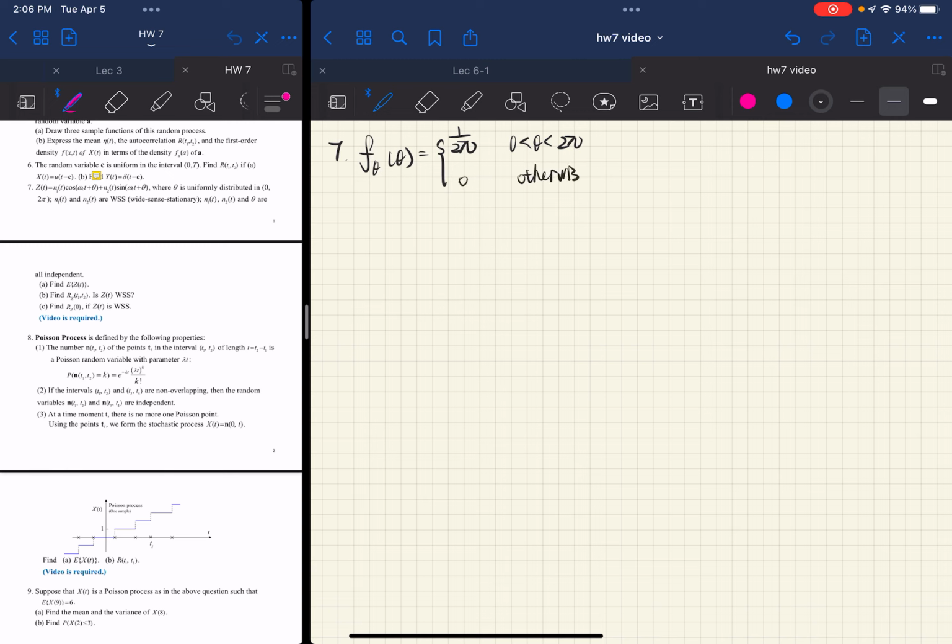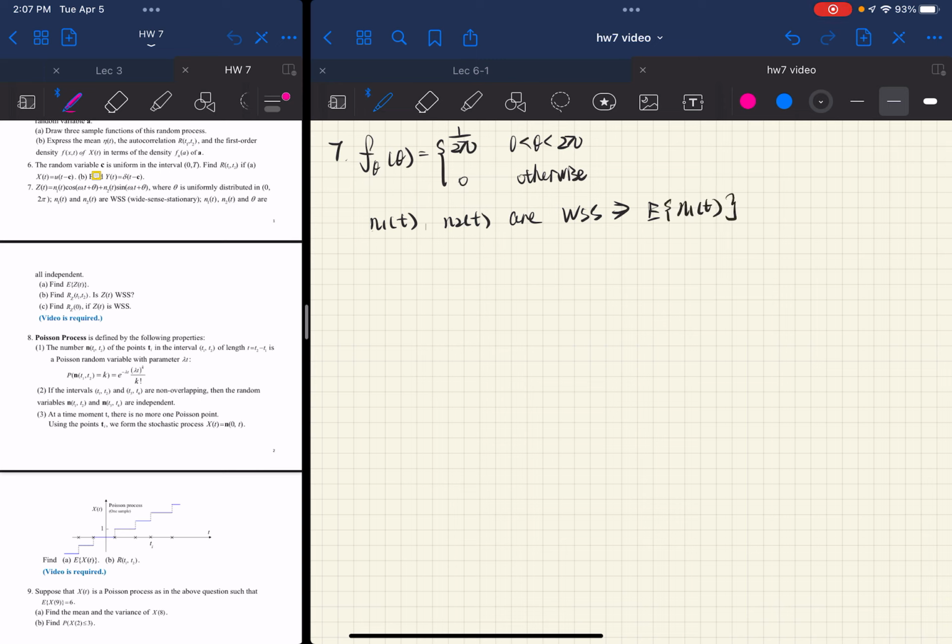And we are also given that n1(t) and n2(t) are wide sense stationary.